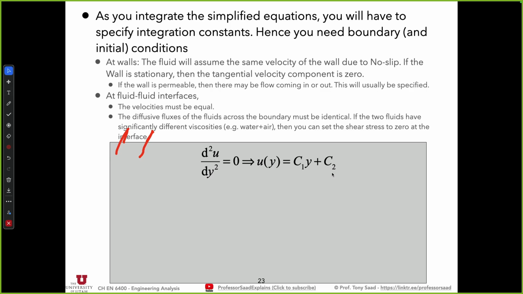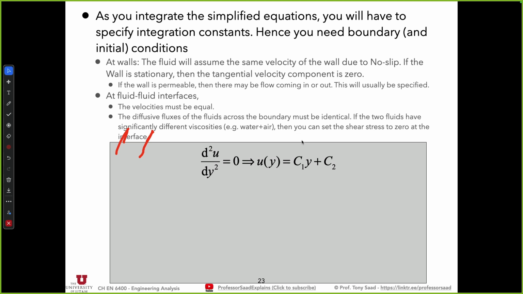But if there's no pressure gradient or no gravity term, the right-hand side of this equation will always be 0, because we have a diffusion term equal to pressure gradient plus gravity. If pressure gradient and gravity are 0, then you have a second derivative equal to 0. The solution is a straight line. So indeed, if you drew the profile as parabolic, this should fix that for you. Okay? The flow is going to be linear in this case.